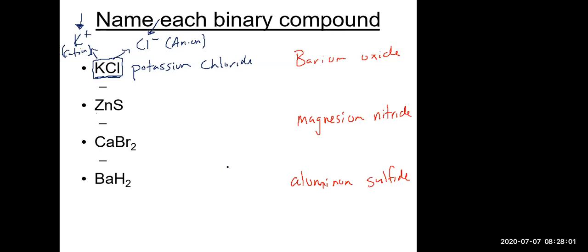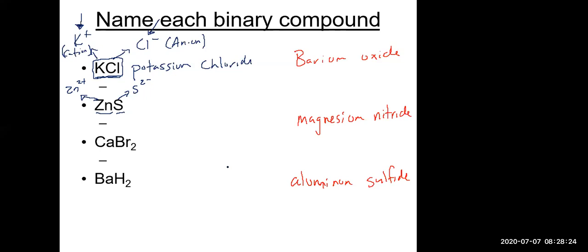Coming to our next one, which is Zn, zinc, and sulfur. Zinc is a transition metal, but it is one of those three that does have a fixed charge, which is +2. Sulfur, which is group 6, has a -2 charge, which is why when we put it together, we only need one of each.